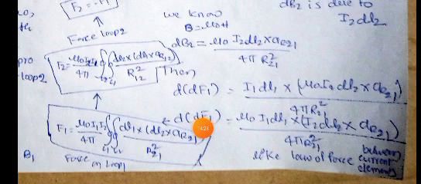Now what is the complete force on loop 1? You have to integrate. So take mu naught I1 I2 by 4 pi outside, and put the closed line integral over L1 and L2 of dL1 cross dL2 cross aR21 by R21 square.